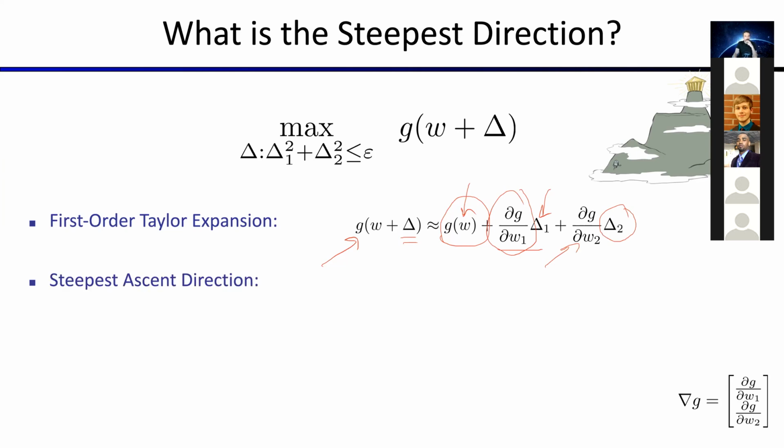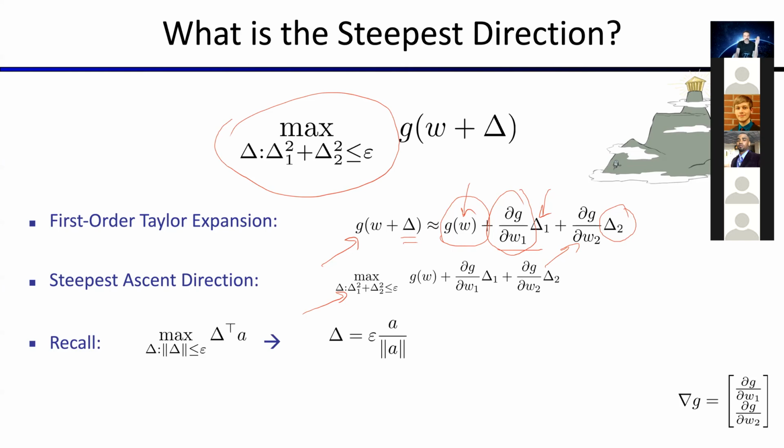And then we looked at the steepest ascent direction. We want to maximize, because that was our goal. We wanted to maximize the target function g when we make a change to w.